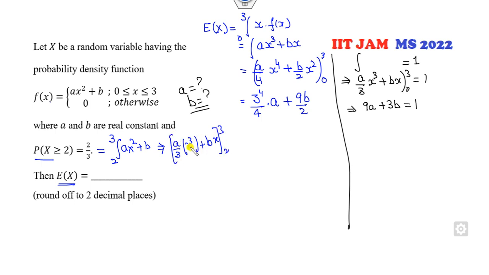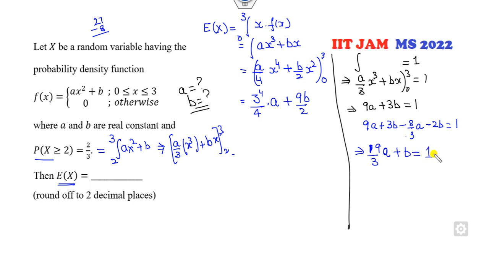It's 27 over 3, 9a plus 3b, minus 8 over 3 a and minus 2b is equal to 1. So I can say it's 27 minus 8, so it's 19 over 3 a plus b is 1.